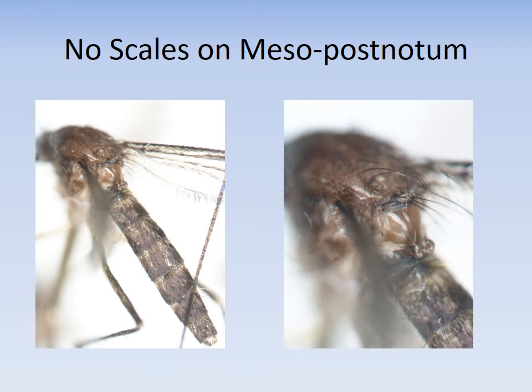We are looking at the mesopostnotum right here, and there is no patch of CD coming off here. So that means we'll be moving on to the next couplet, which is couplet 4.